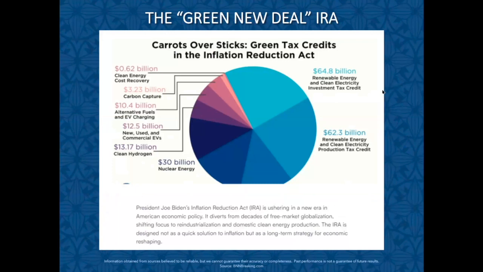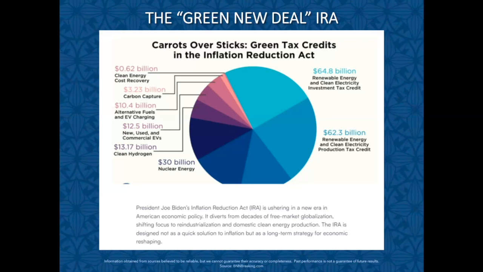And I pulled this graphic because it points out that the whole focus of this energy transition bill is really carrots over sticks. It's really about how do we incentivize companies and individuals and utilities and states and local municipalities? How do we incentivize them to move towards green energy, clean technology?